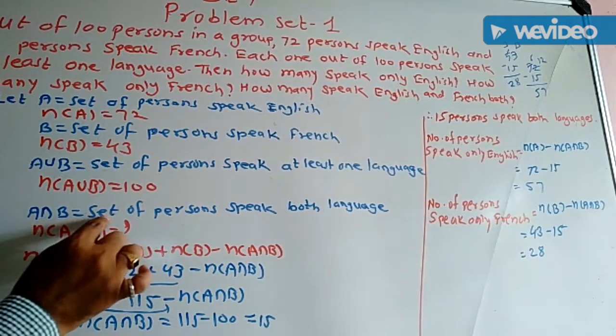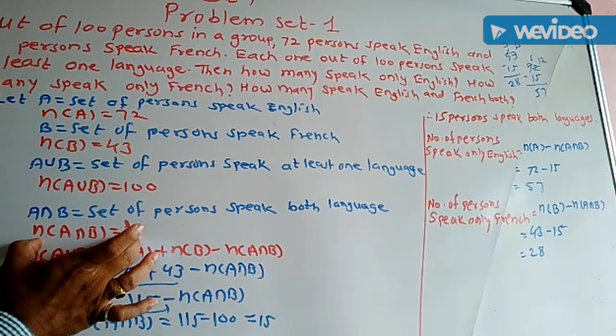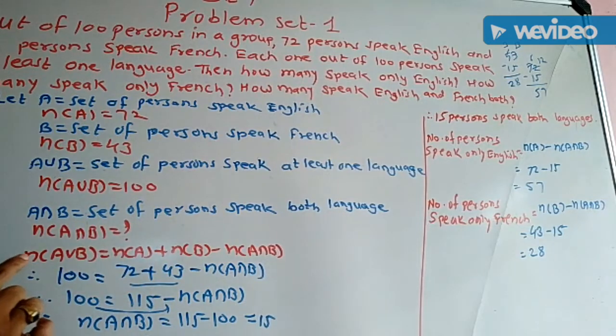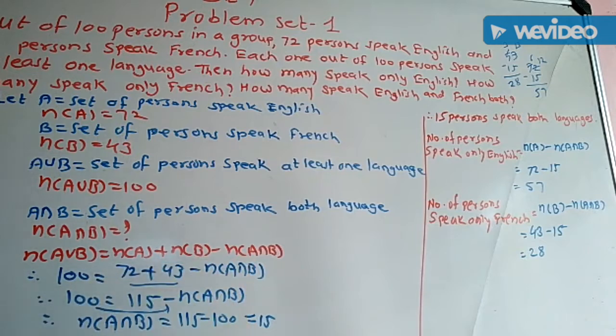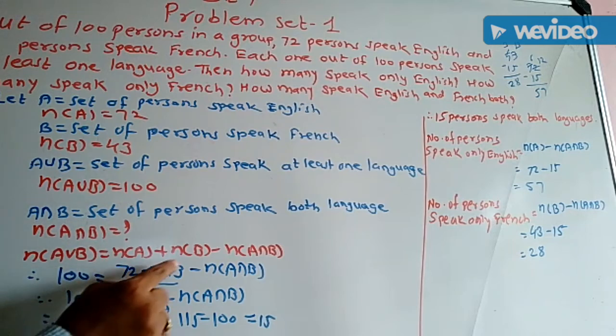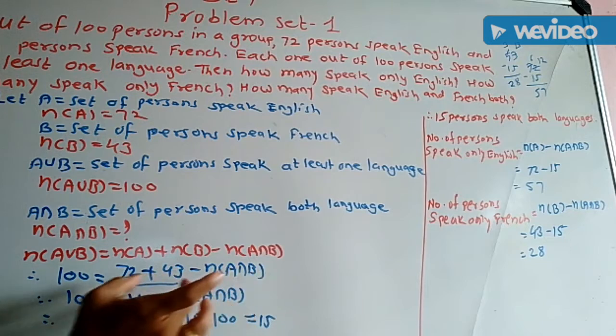Then A intersection B is the set of persons who speak both languages, which we have to find. Then we use the relation n(A union B) is equal to n(A) plus n(B) minus n(A intersection B). n(A union B) is given 100, equal to n(A), that is 72, plus n(B), that is 43, minus n(A intersection B), which we have to find.